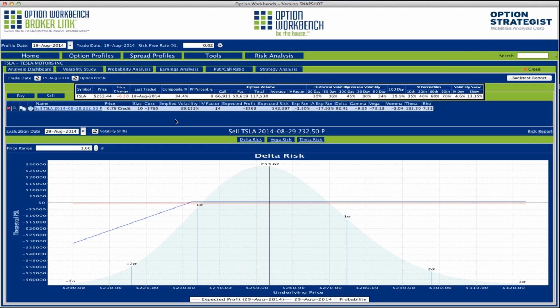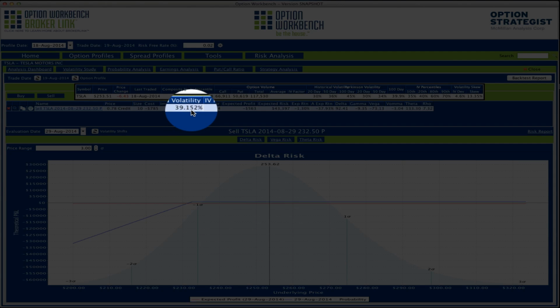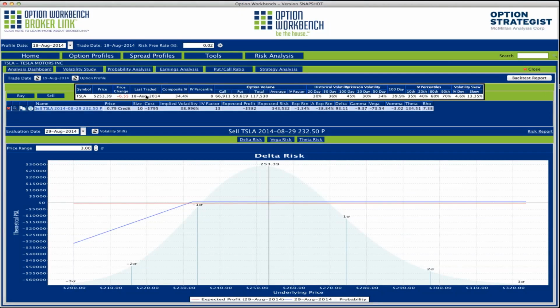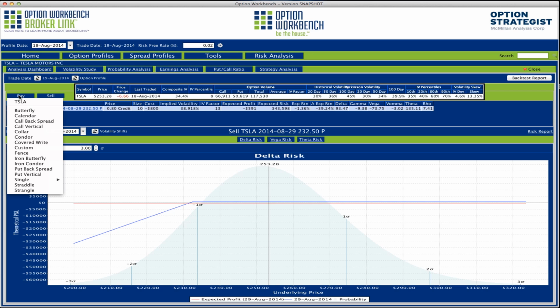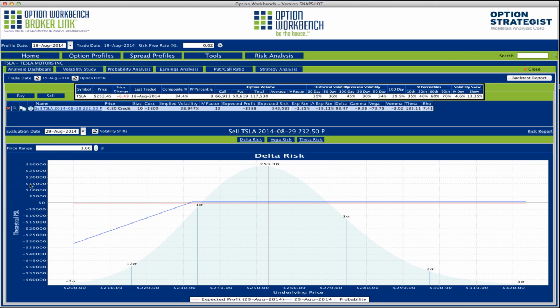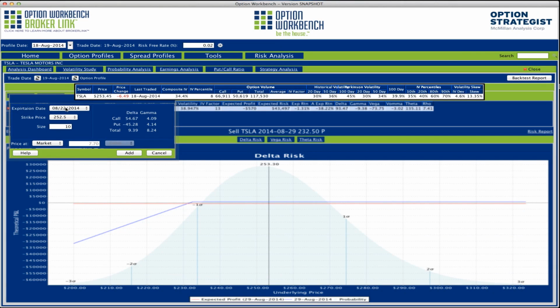You could reasonably use the implied volatility of the option, or the composite implied volatility of 34.4. Another way that I like to validate that composite implied volatility, or even the IV of the option itself, is to look at the at the money straddle. So I'll click on the buy straddle menu here, and here's the straddle I'll use, next week.